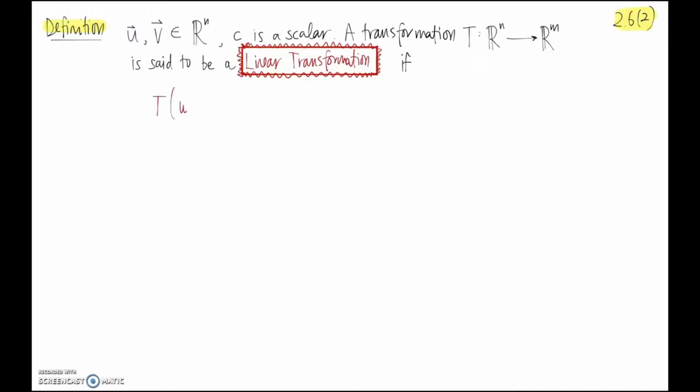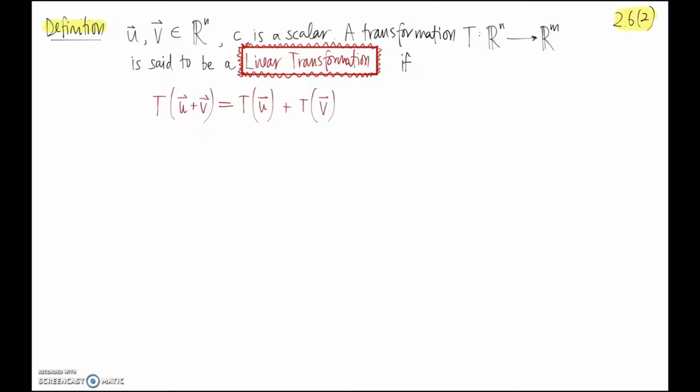If you take the transformation of the sum of two vectors, so this would represent that 3, 3 vector that we talked about earlier, then that's equal to the transformation of the first vector plus the transformation of the second vector.